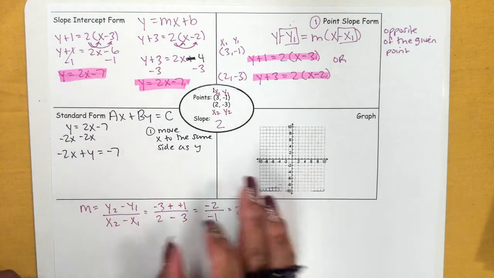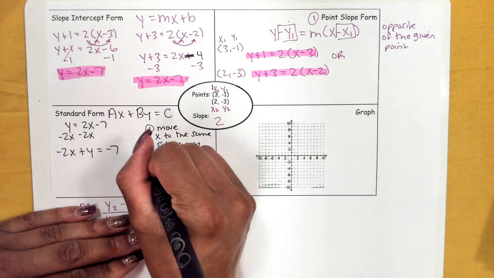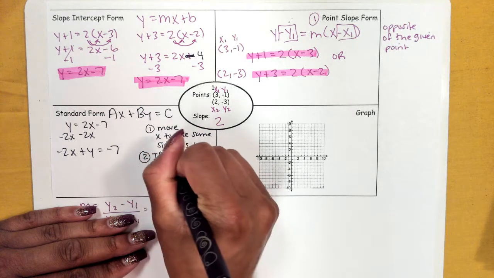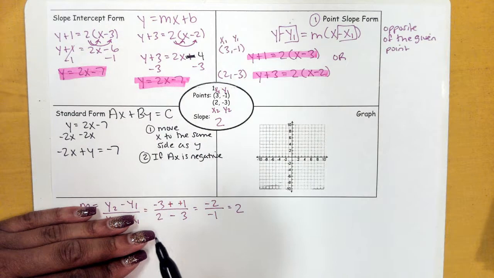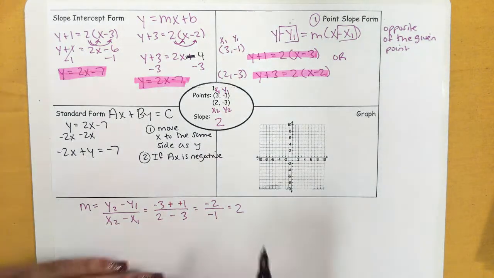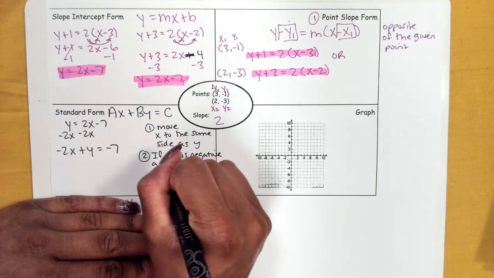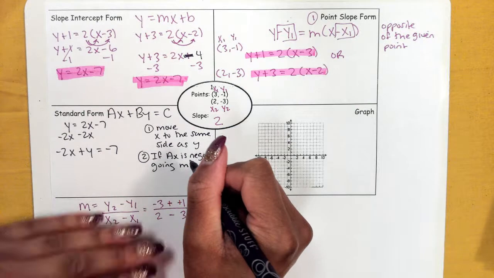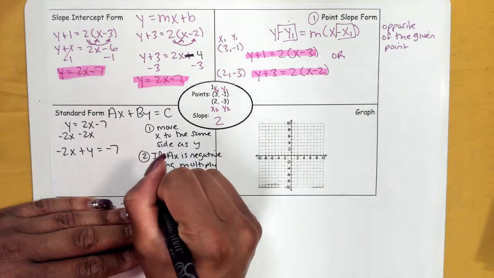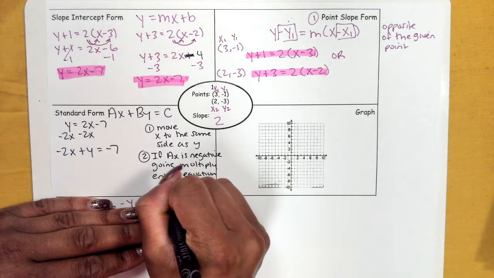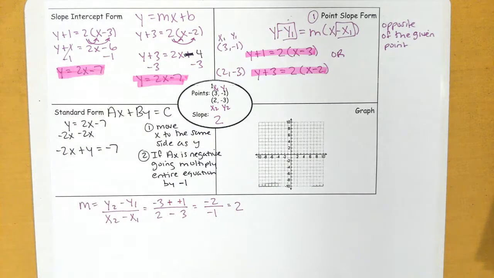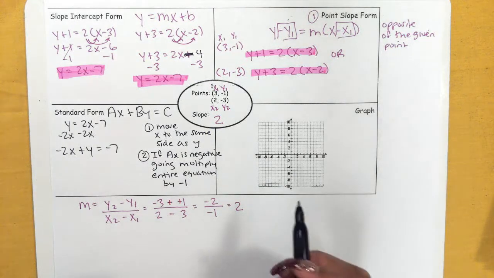Now we think we're almost done, but we want ax to be positive. So our second step is, if ax is negative, in reference to our notes that we did, I'm going to multiply the entire equation by negative 1.